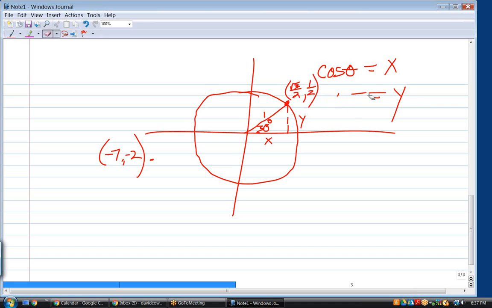I didn't talk about this last time: when they want you to memorize the unit circle, what they generally want are those two things. The x coordinate is cosine of theta, and the y coordinate is sine theta.